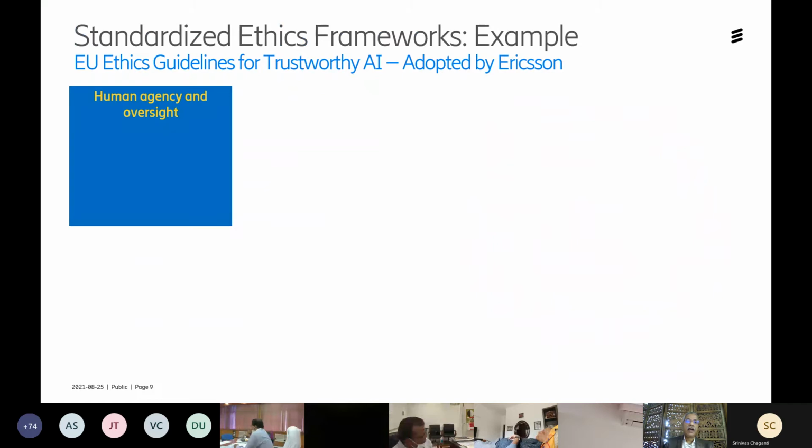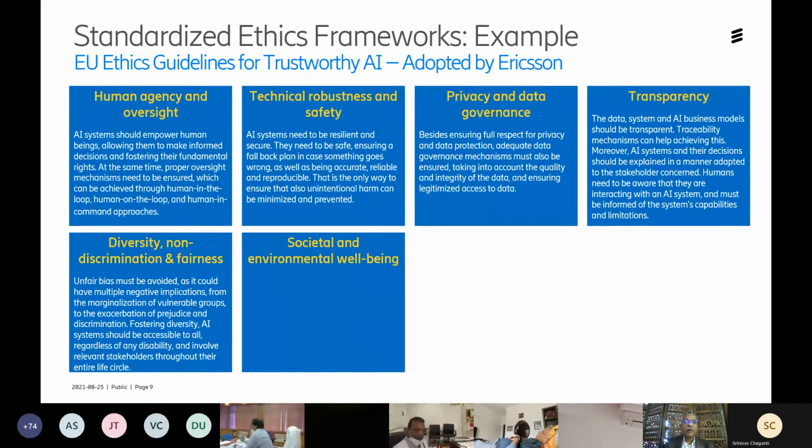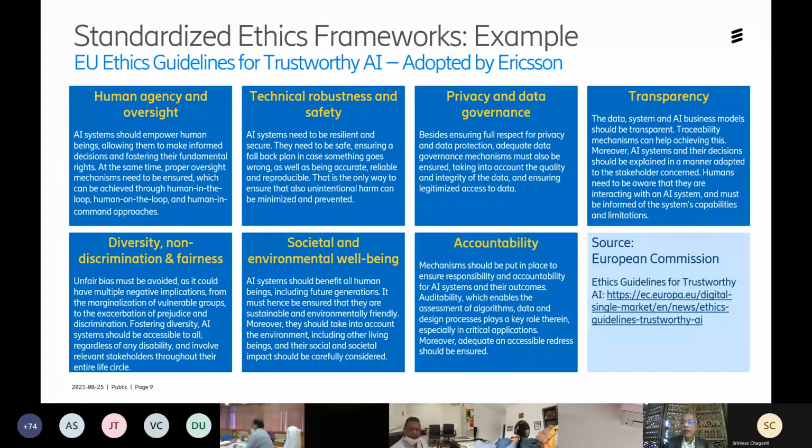Given this, I just want to refer back to this and draw your attention to this. We heard about each of these items in our previous presentation. So these are the 7 requirements that we have come across, and these address the ethical principles that we again heard about: respect for human autonomy, prevention of harm, fairness, and explicability or explainability.